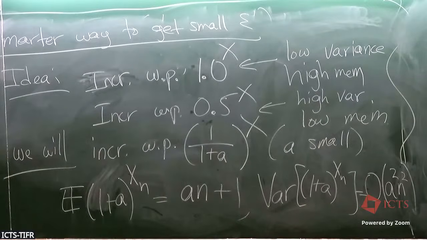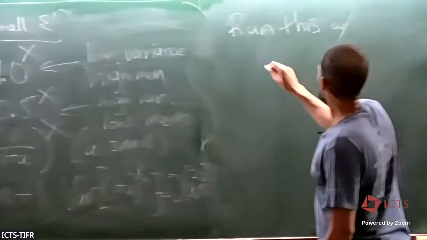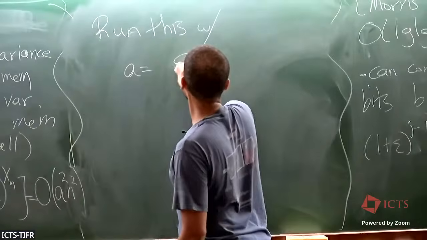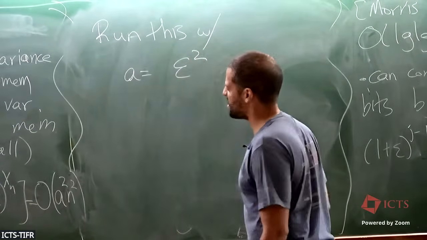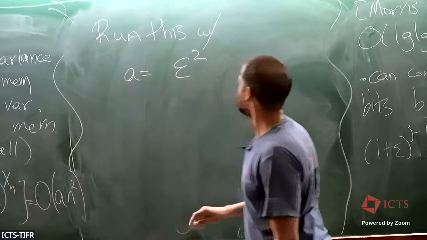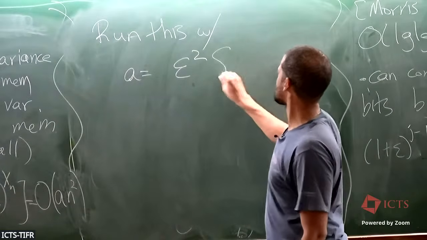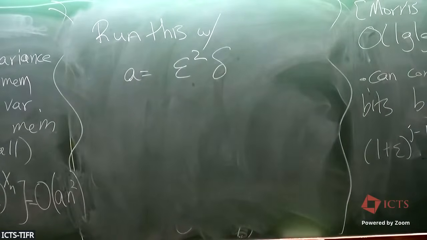So then what I can do is basically run this with a being epsilon squared. I think it might be a n squared. With a being something like epsilon squared delta. Okay?